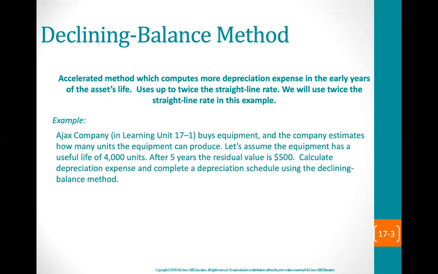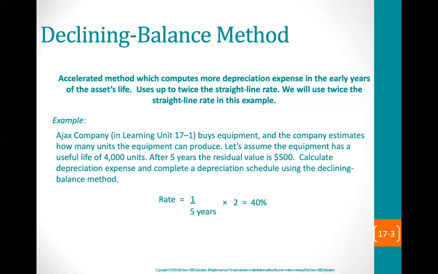In order to calculate the rate for declining balance, we first have to find the single straight line rate. The straight line rate is 1/5 because we're distributing depreciation equally over 5 years. So we're taking 1/5 each year, or 20%. For the declining balance method, we need to double this rate so that it goes from 20% to 40%.